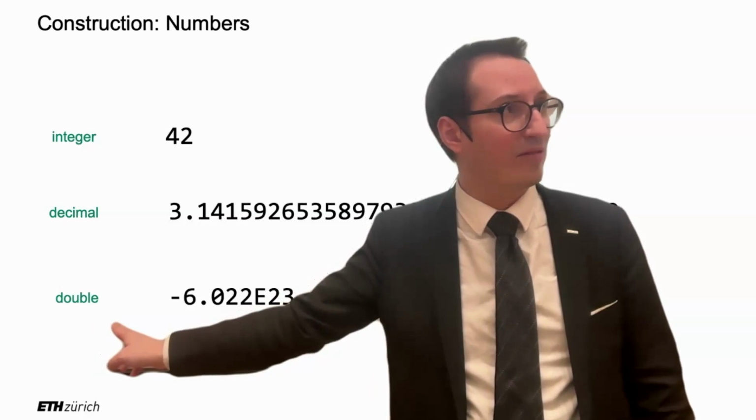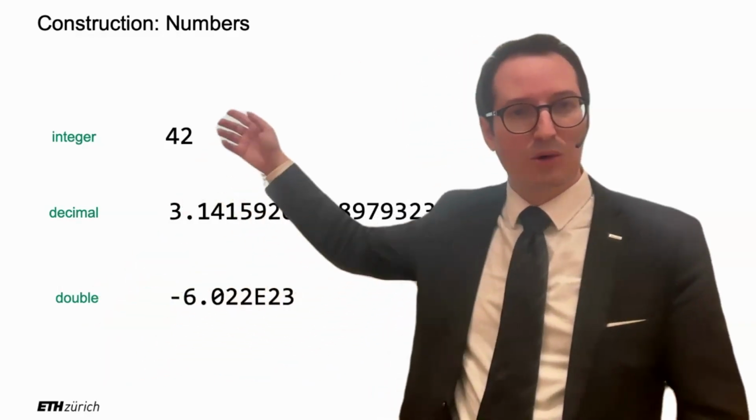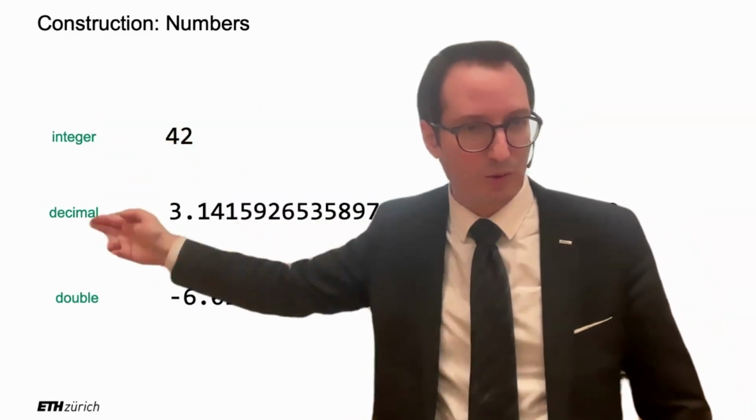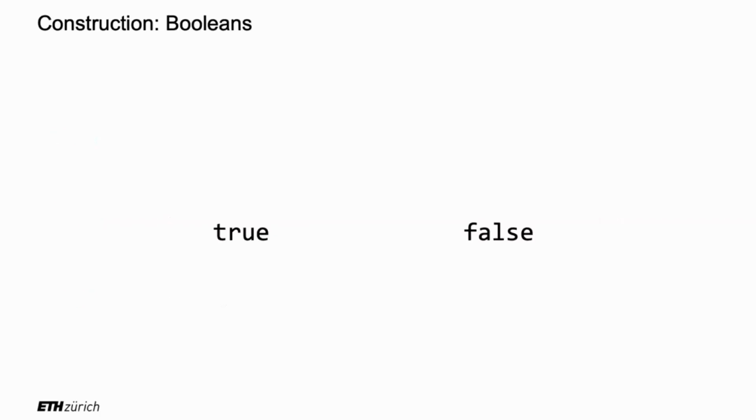The IEEE 754 standard, the floating point standard. So depending on the literal that you have for the JSON number, it's going to return one of these three. But the rule is still valid that you can copy paste the JSON number in there. It's going to evaluate to itself with the appropriate type. Booleans, the same. You put true, you put false, they evaluate to themselves. You get the Boolean true and the Boolean false.